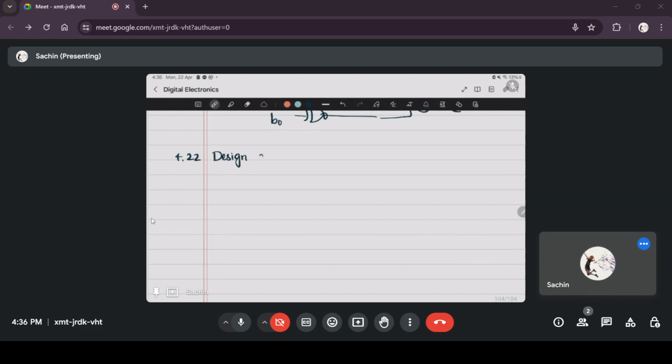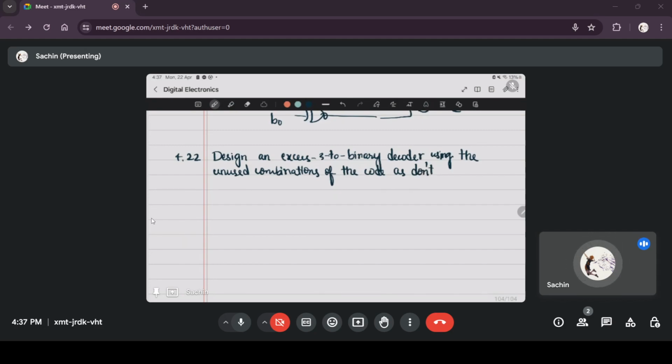Design an XS3 to binary decoder using the unused combinations of the code as don't care conditions.